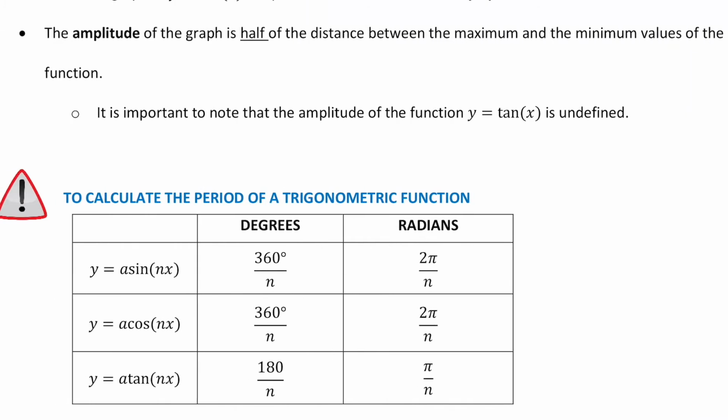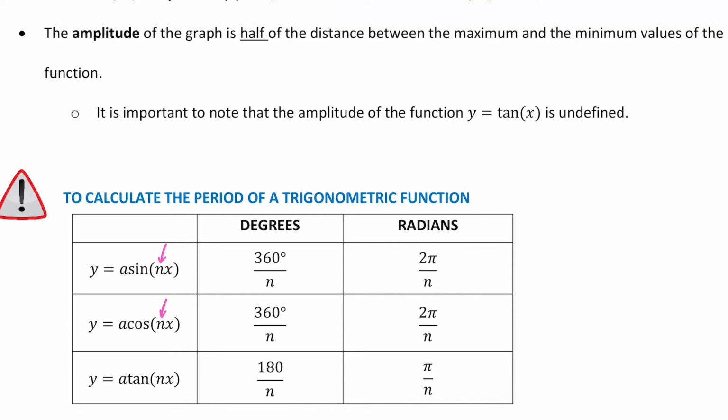Another thing that's really important to understand is in order to calculate the period of a trigonometric function, we have a few rules we need to follow. In terms of degrees, we can calculate our period for sine and cos by dividing 360 by n. n is the coefficient of the x term inside the bracket.